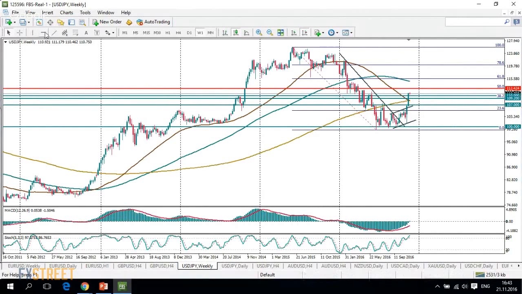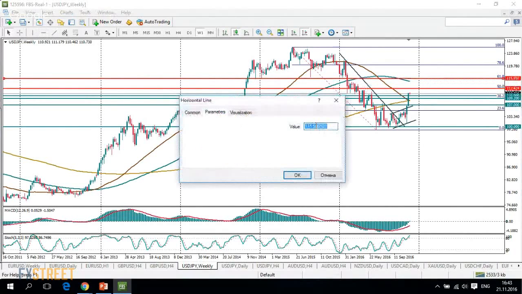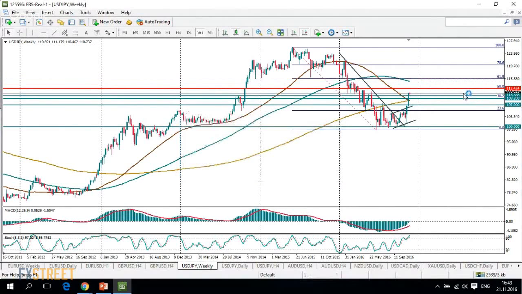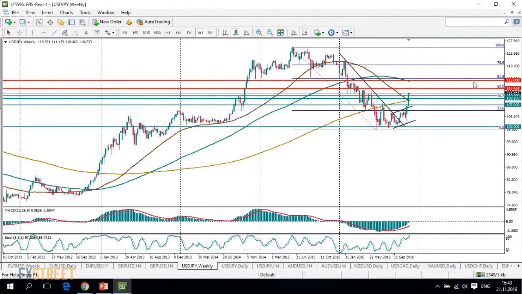112.40 and probably even the next level, the next psychological level at least, which is located around 115. Let's put it on the chart. Here it is, 115.